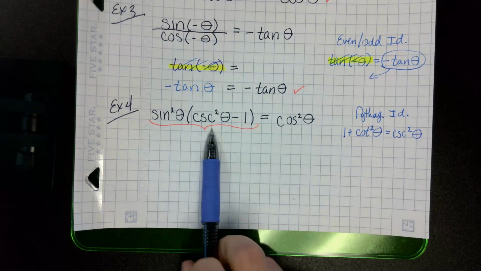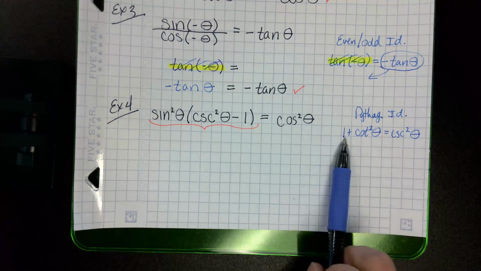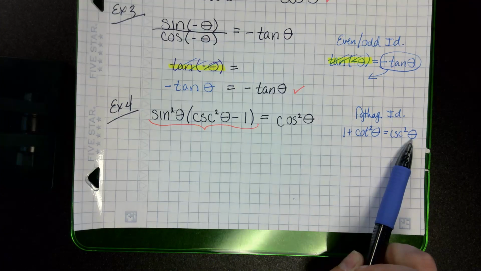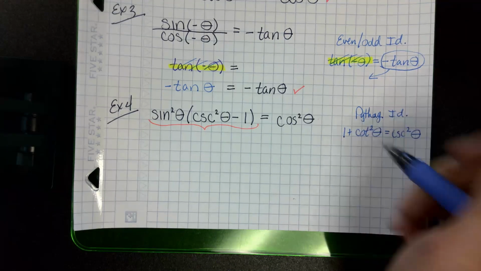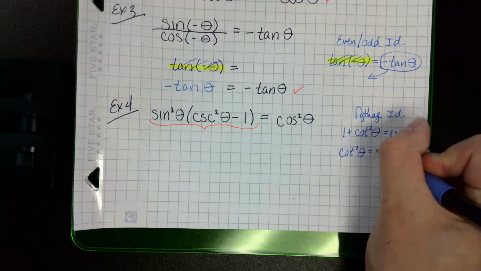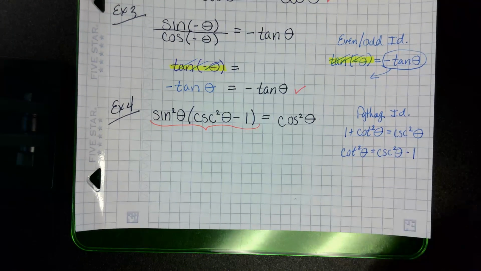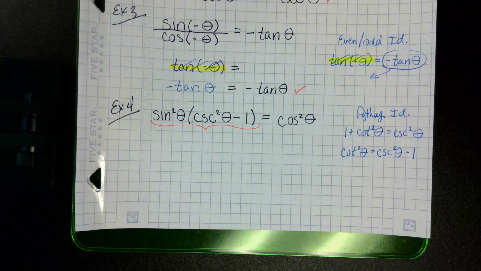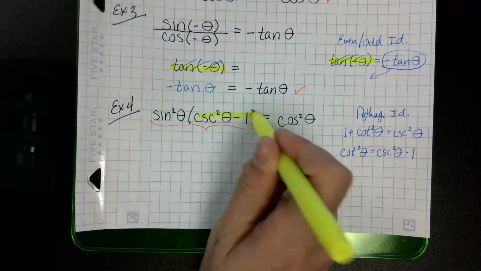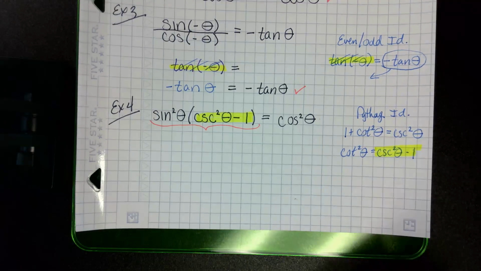What I have in my problem is cosecant squared theta minus 1. So that means I want this 1 to go over there with cosecant squared. So I need to subtract it. So cotangent squared theta equals cosecant squared theta minus 1. And that is exactly what I have in my problem that I'm trying to verify. So that's the part I'm going to remove.